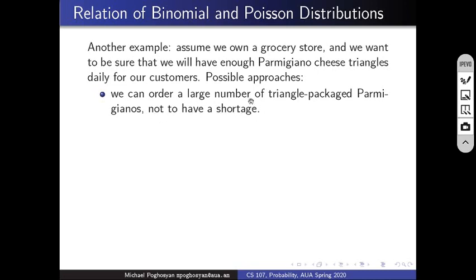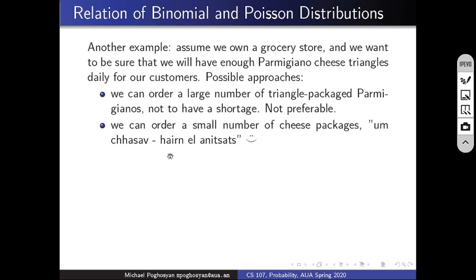That will be okay, but this is not preferable. We need to spend a lot of money, some of that Parmigiano will not be bought, etc. Another approach is that we can order a small number of cheese packages, but this is of course not preferable either.